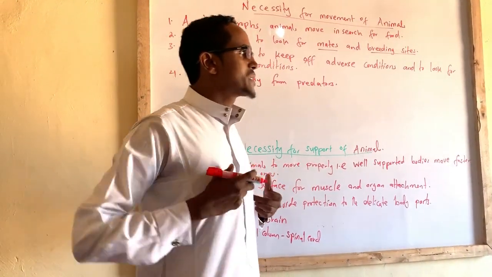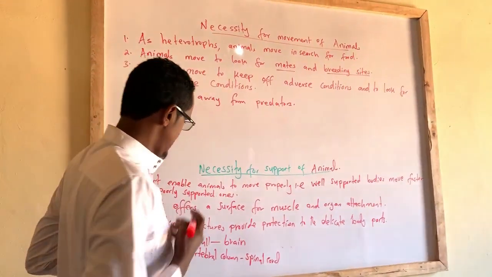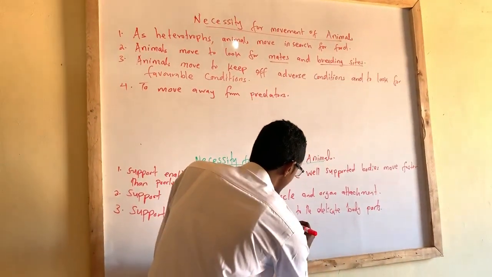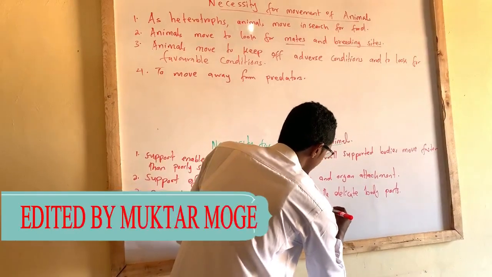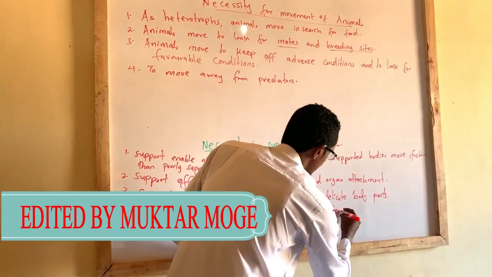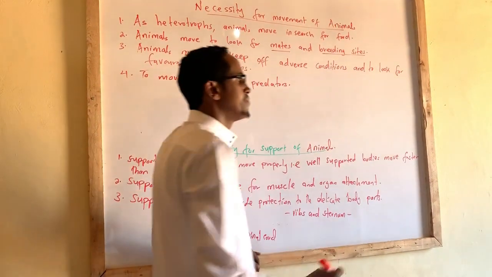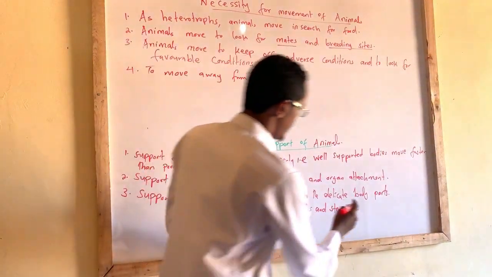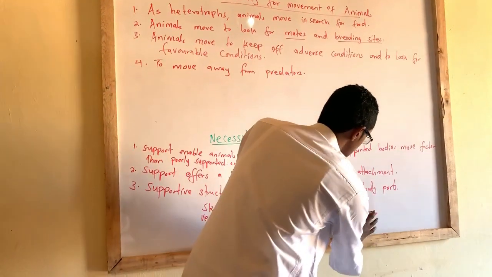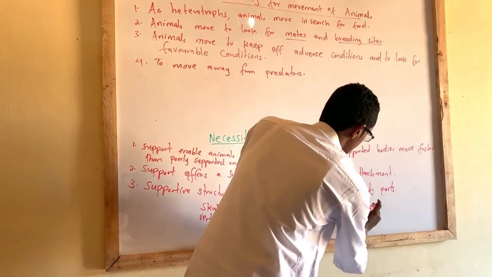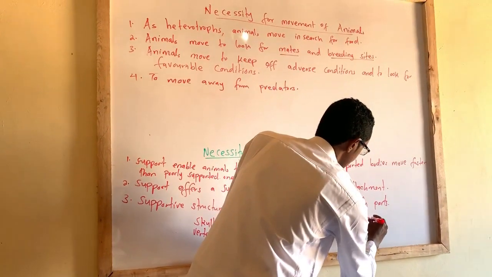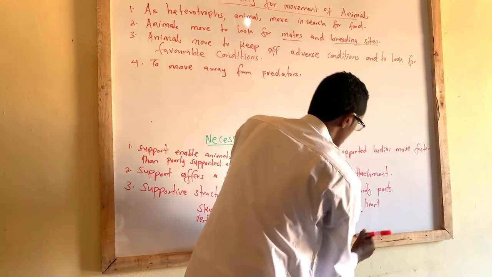What about the ribs and the sternum? The ribs and sternum are another supportive structure. They provide protection to the heart and to the lungs.